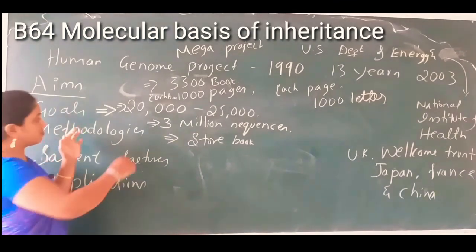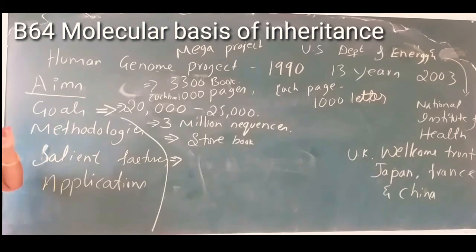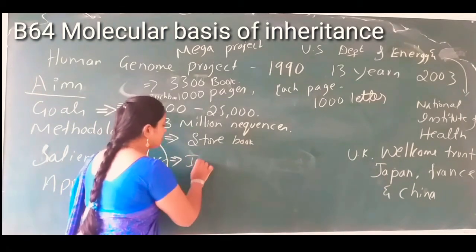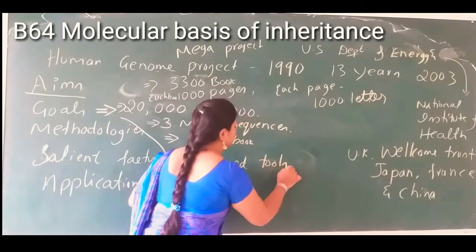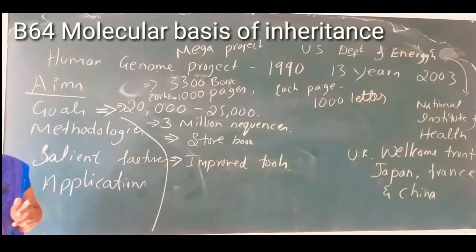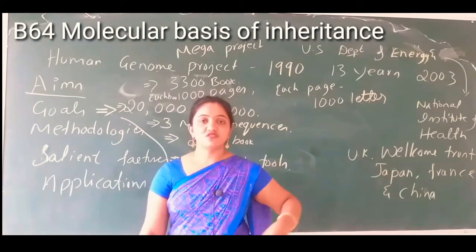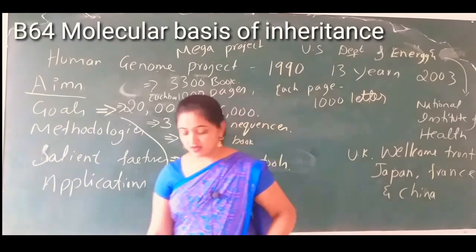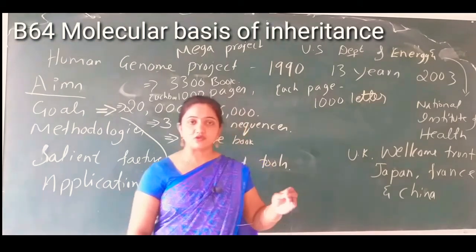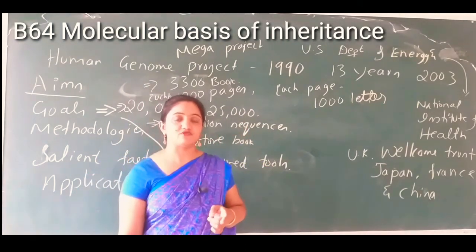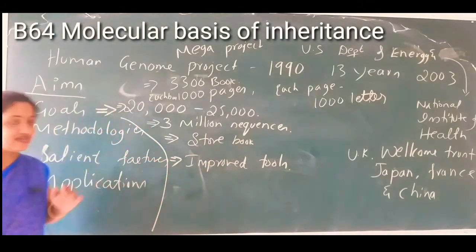One more thing I must tell here. Though we are in the goals, they needed improved tools to analyze this data. Tools in the sense, it's not like a hammer. When I start telling about biotechnology, you will come to know what the tools indicate.